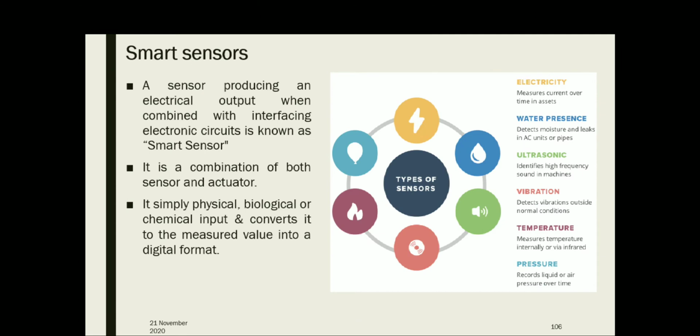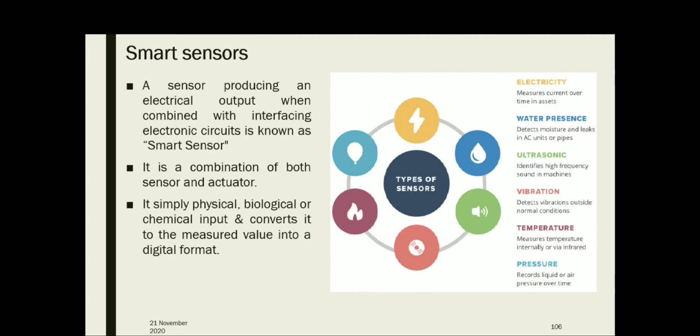A sensor producing an electrical output, when combined with the interfacing electronic circuit, is known as a smart sensor. It is a combination of both sensor and actuator. It takes physical, biological or chemical input and converts the measured value into a digital format.